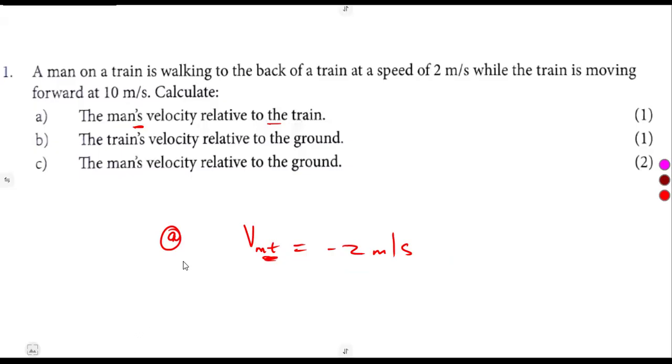The one that we consider of the train, because the train is the one that is carrying the person, is the train's velocity relative to the ground, which is VTG. That is the actual velocity of the train that we are given, the 10 meters per second.